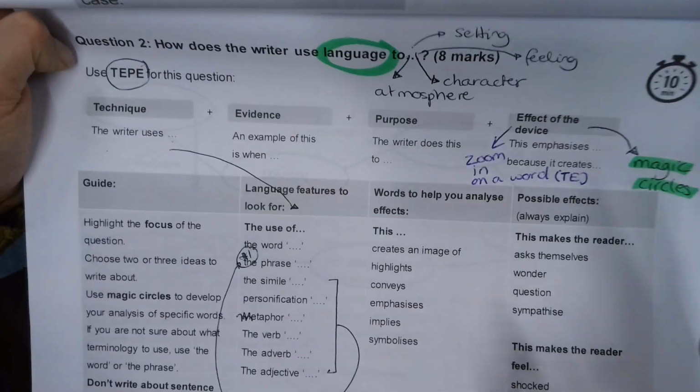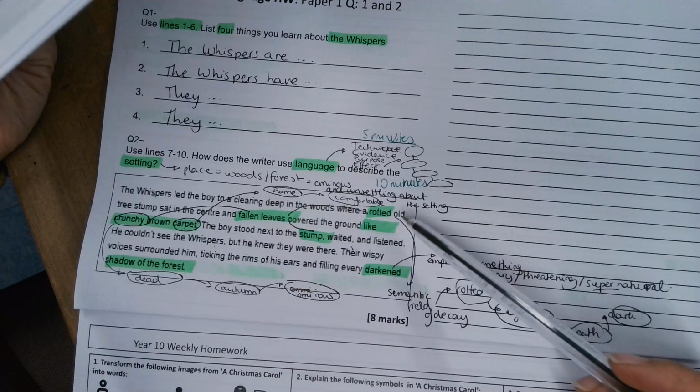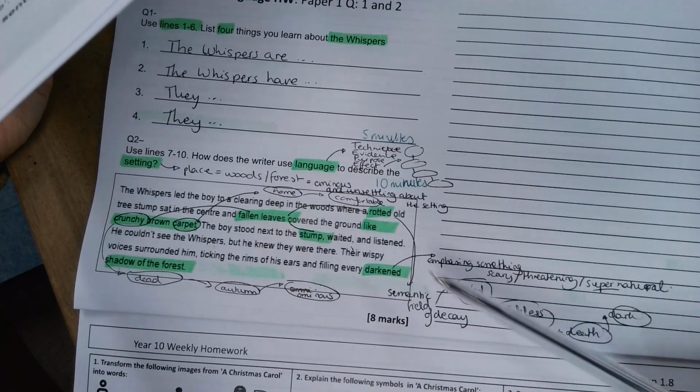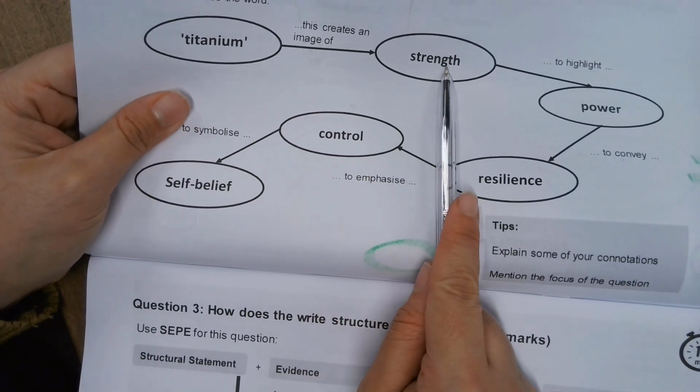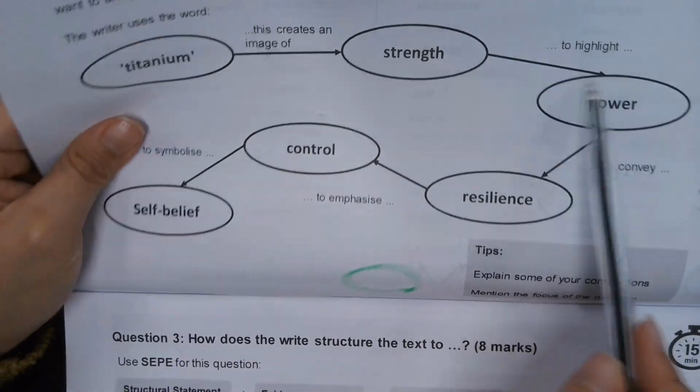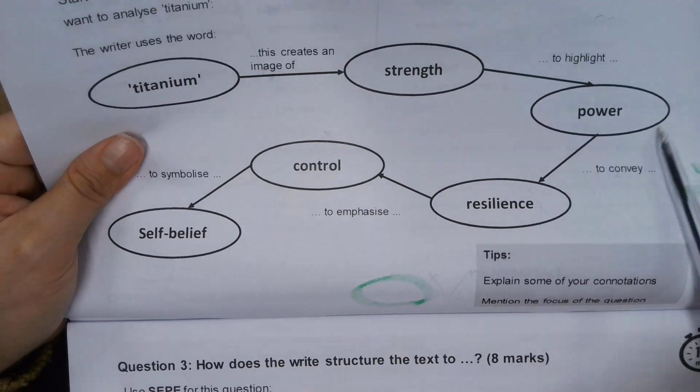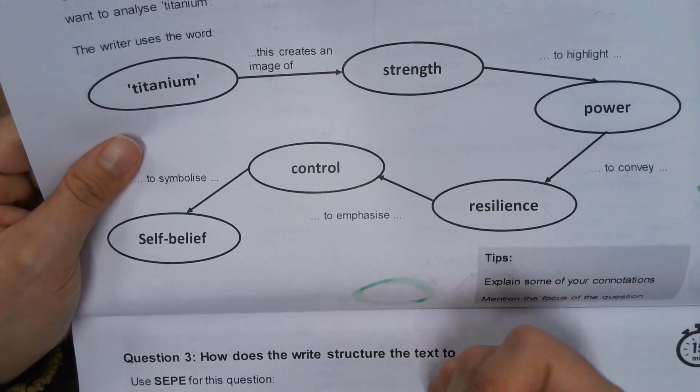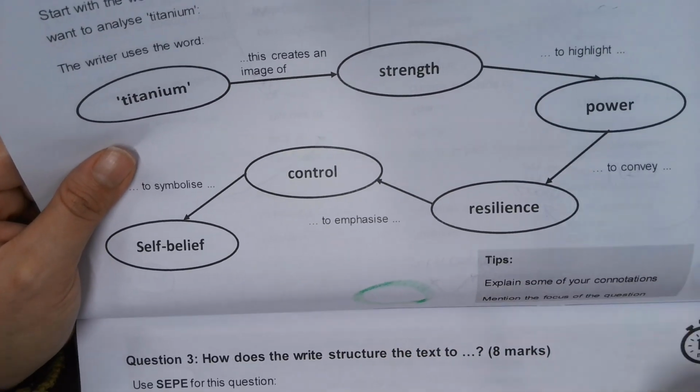Just give it a bit of a purpose. The use of the word crunchy creates an image. If I went to my magic circles, it creates an image of death, maybe highlighting that there is something ominous about the forest. So I start thinking about what I can say to develop my answer.